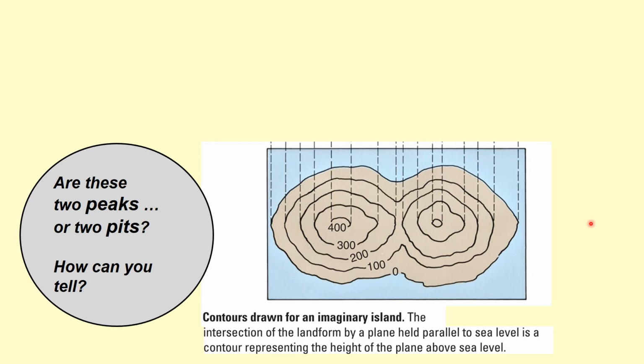Well, you're saying, well, those are two peaks because here on Twin Peaks Island, you're looking at the contour lines, and you're at sea level here at 0, and you go up 100 feet, so the contour interval must be 100 here, and then you go up to 200, and you go up to 300, then you go up to 400, then you're running out of hundreds after that. So these areas can be mapped out. So okay, well, I can see, I'd be going up here, I'd be going downhill this way.